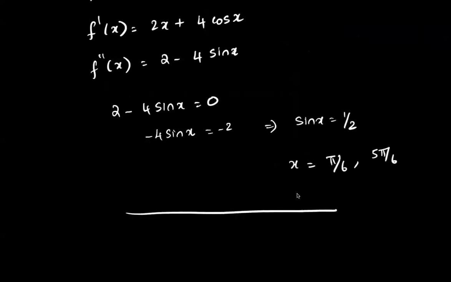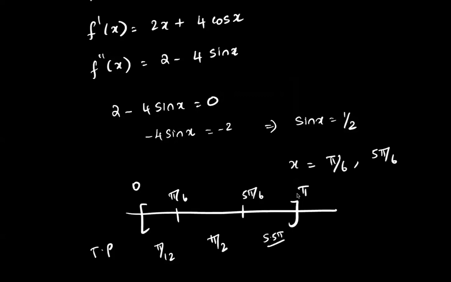So I go ahead and put them on a number line. I take a test point, again, like what we did before. Just do pi over 12, pi over 2, and this is still 5 pi over 6 to pi, so I'll use 5.5 pi over 6 or something like that.